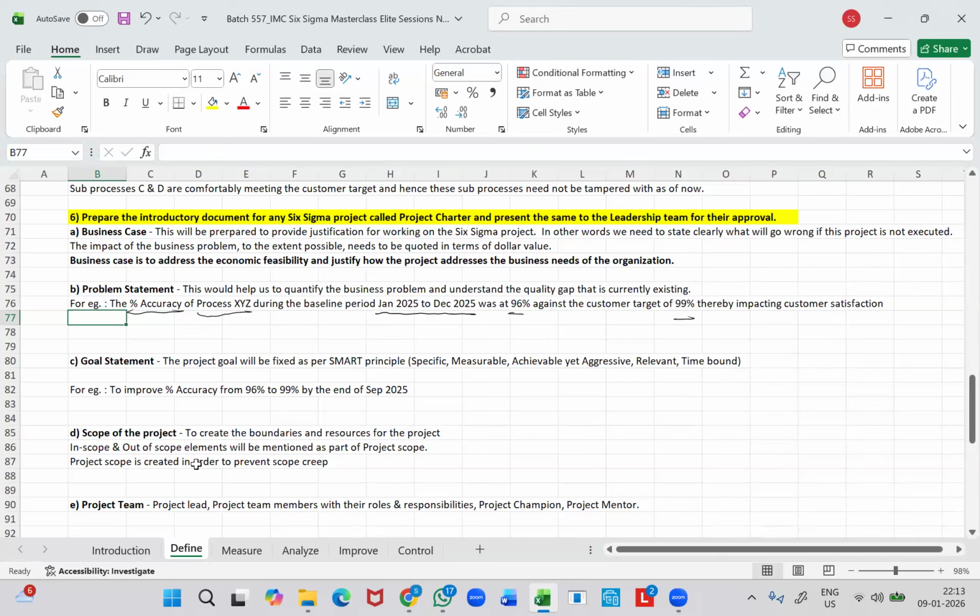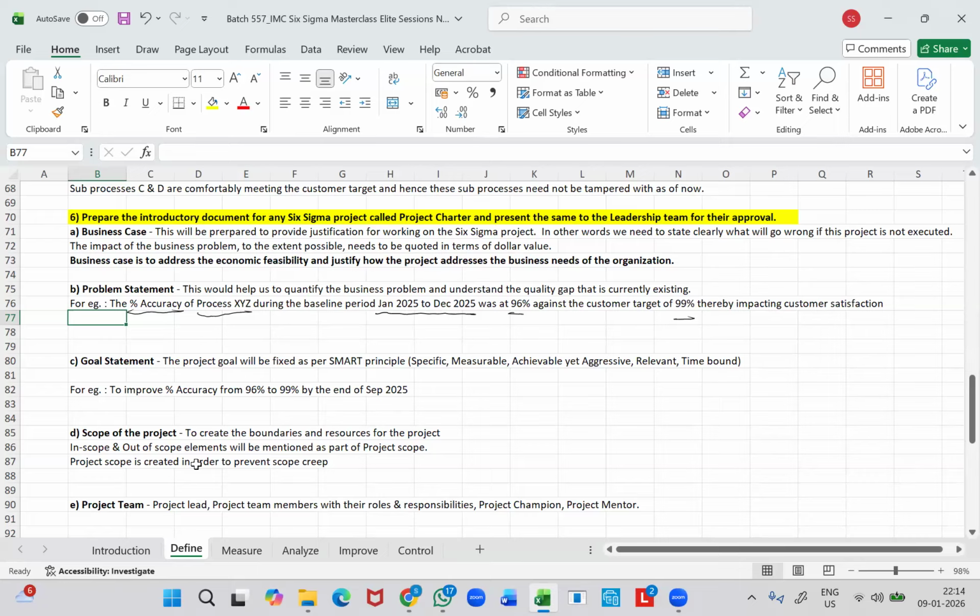But if your current performance itself is 96%, then achieving 99% is going to take a lot of effort, right? So it's not going to be very easy because we are looking at bridging this 3% gap at the upper stream of your performance levels. As we go higher up in the performance ladder, achieving that incremental improvement in the performance levels is going to be all the more challenging for you. I hope you understand this theory.